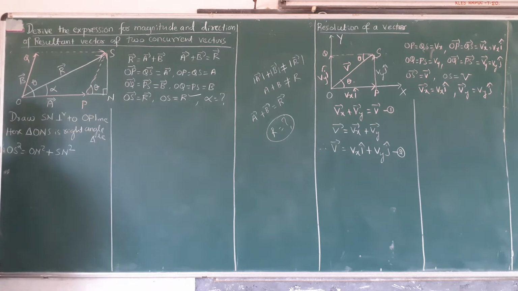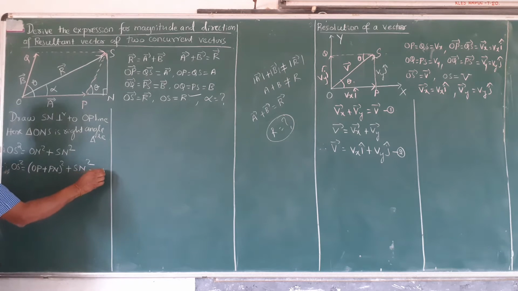Therefore, OS square is equal to ON, which is OP plus PN, whole square, plus SN square. That is, OP plus PN whole square plus SN square. Let us call this equation number 1.